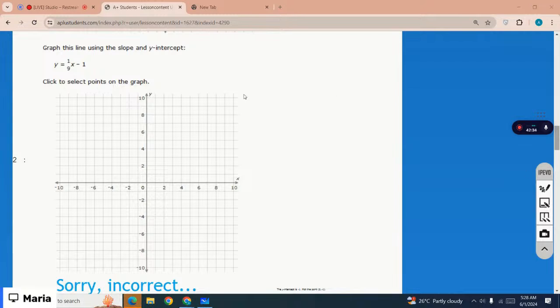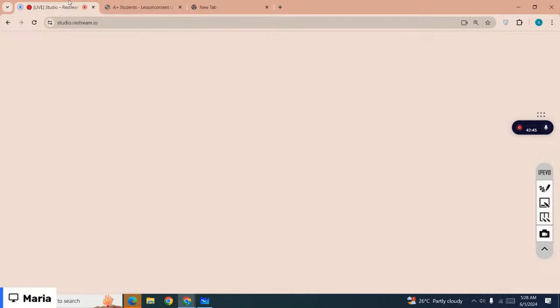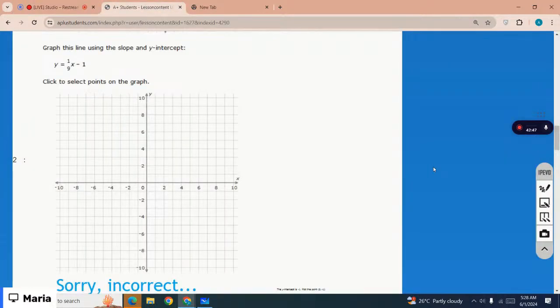What's wrong with the page? I think let me just reload the page.